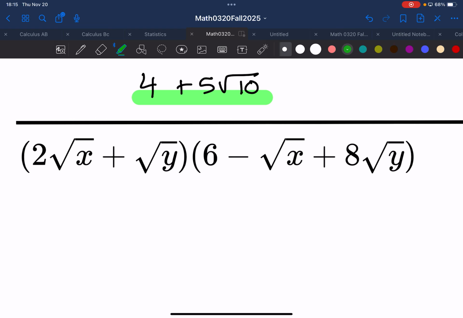Okay, so now looking at this one, what's different? We've got two radicals in there. Good, we have two radicals in one parenthesis. And what do we notice about that second parenthesis? There's a 6 minus. Yeah, so it's a little longer, okay?